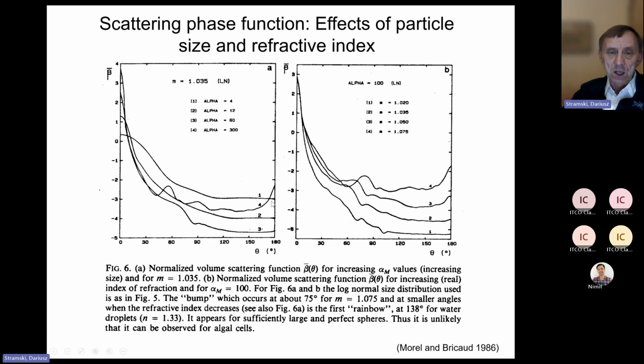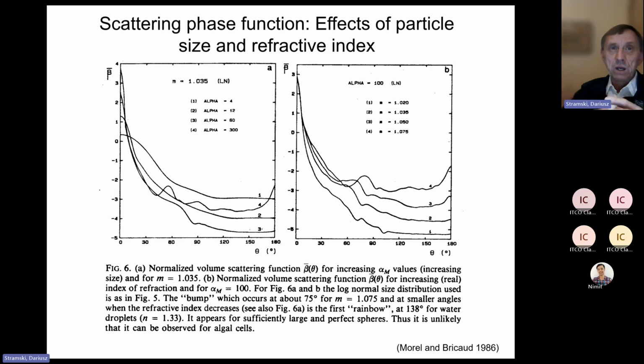So you can see again calculations from Mie scattering theory for different size parameters, 4, 12, 8, 80 and 300. We have a fixed refractive index. This is a very small refractive index relative to water, but it can be typical of a phytoplankton cell. The relative refractive index of phytoplankton cells relative to water is rather small, like 1.03, 1.05, maybe 1.07, just because phytoplankton cells, like any other living cells, consist largely of water.